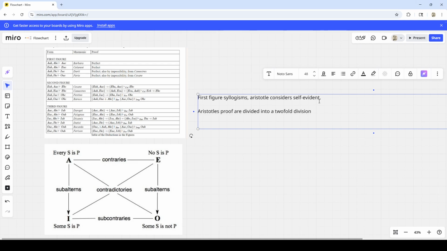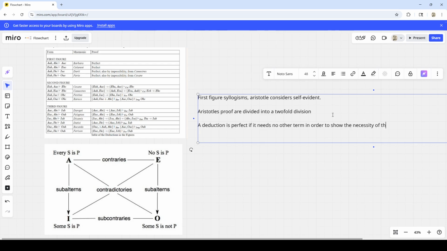I'm sorry. So Aristotle says a deduction is perfect if it needs no other term outside of it in order to show the necessity of the conclusion, right? So that would be Barbara, because that's the most perfect syllogism.